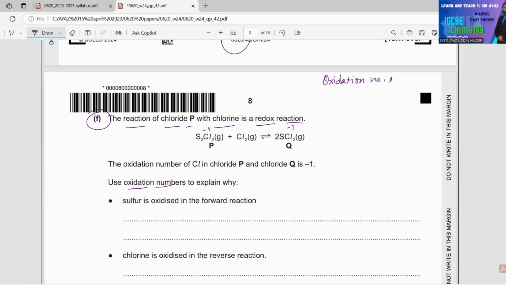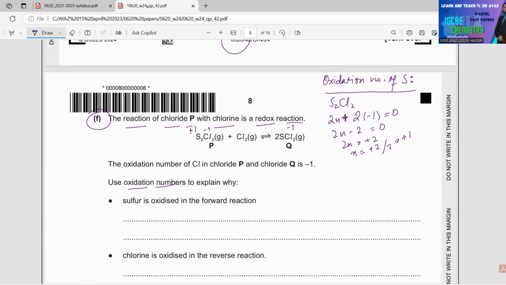Oxidation number of S. In S2Cl2, there are 2 atoms of S, so I will write 2x plus 2 atoms of Cl. So I will write 2 multiplied by -1, which is the oxidation number of Cl. Overall, there is no sign on S2Cl2, so I will write 0. Then 2x minus 2 is equal to 0, or 2x is equal to +2. Therefore, x becomes +2 by 2, which is +1.